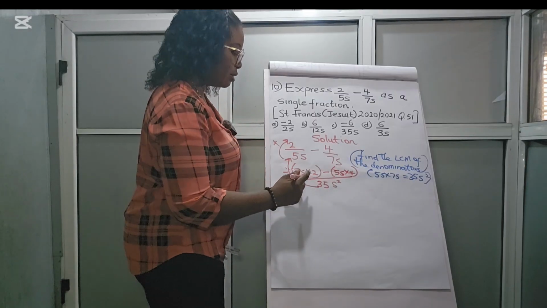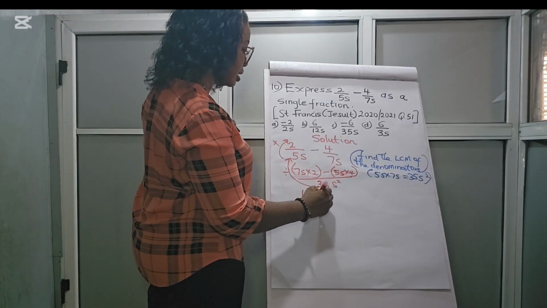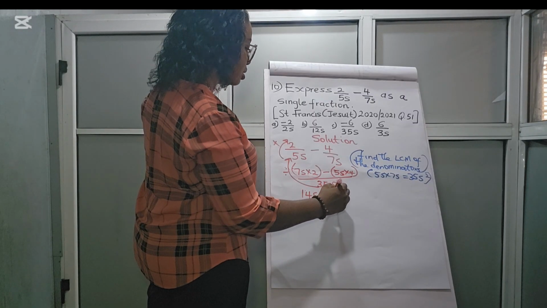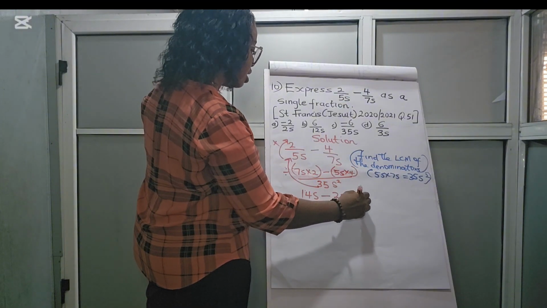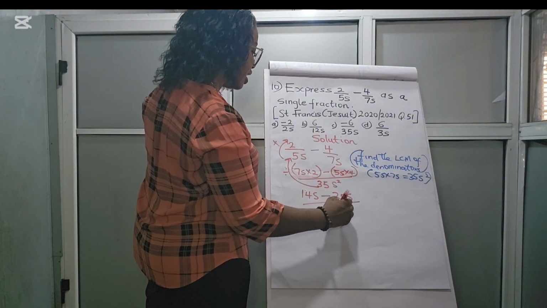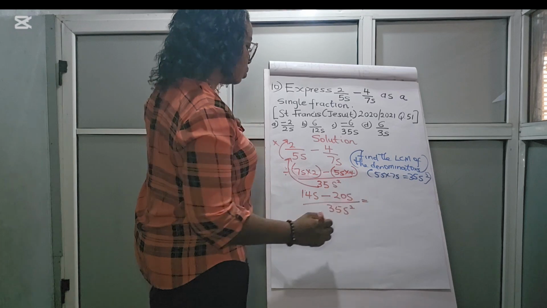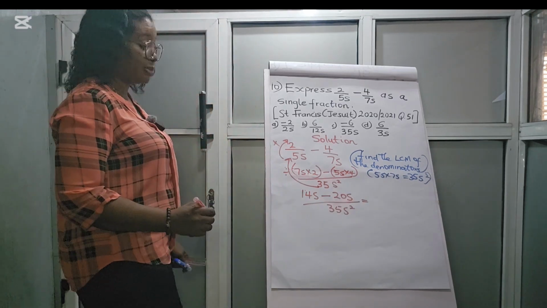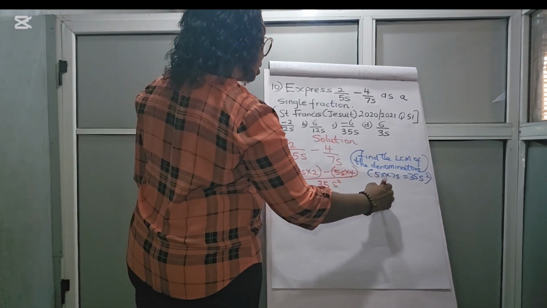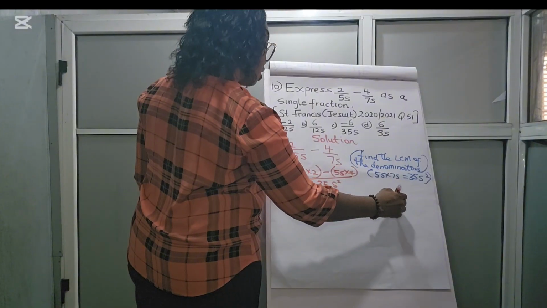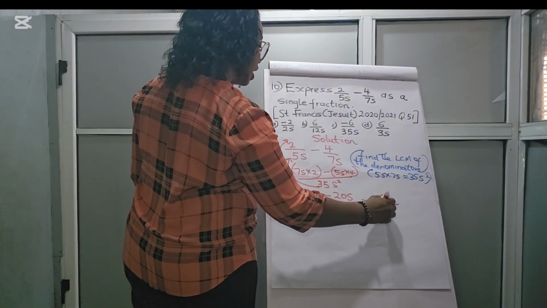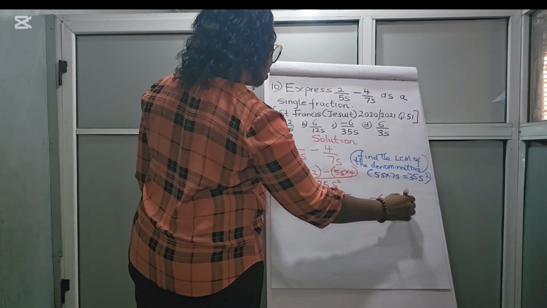So let's write this out. This will be 14s minus 20s, all divided by 35s squared. So this will be left with 14s minus 20s, which is minus 6s, all over 35s squared.